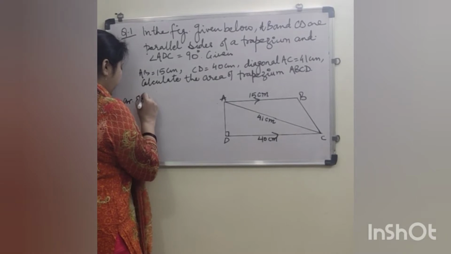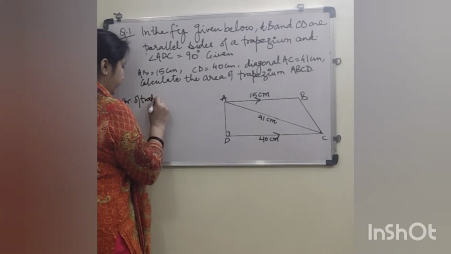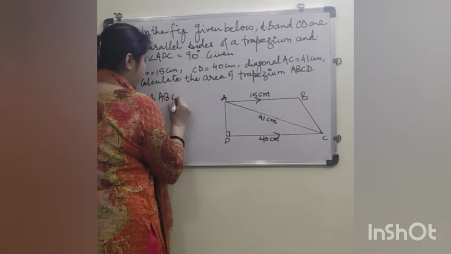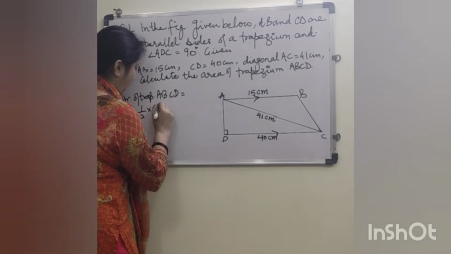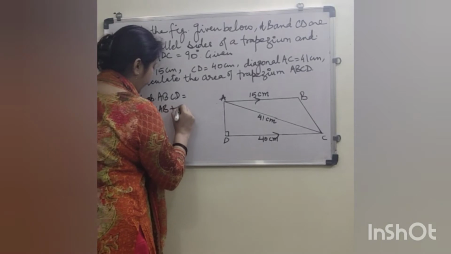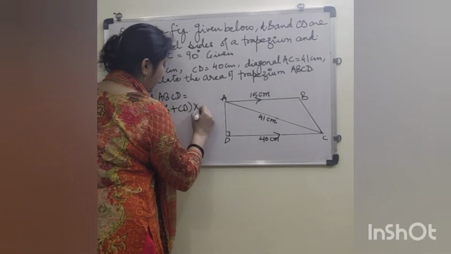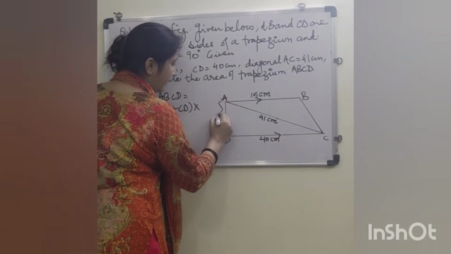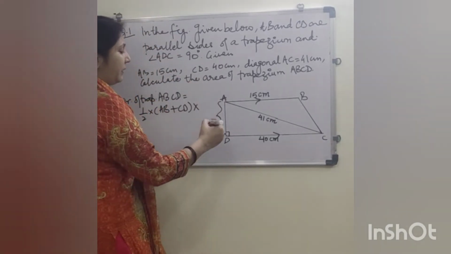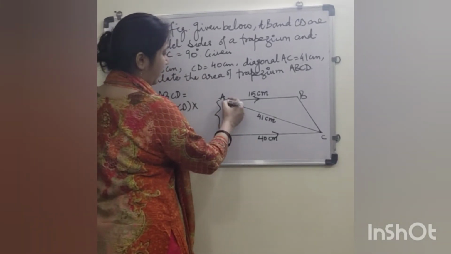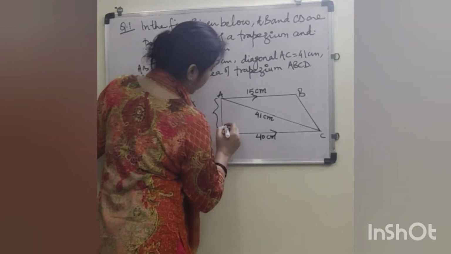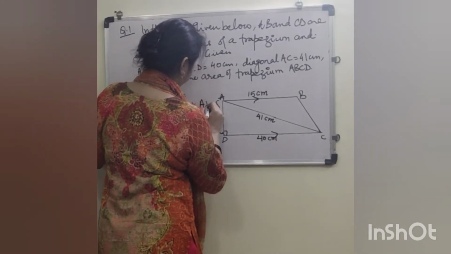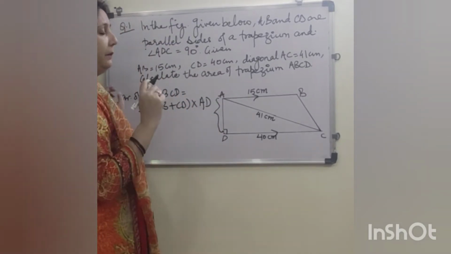Area of trapezium ABCD is equal to half into AB plus CD multiplied by height. Height is AD in this case because this is the only perpendicular distance between these two parallel sides. So height is AD.